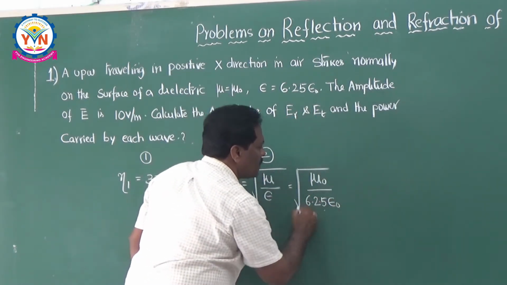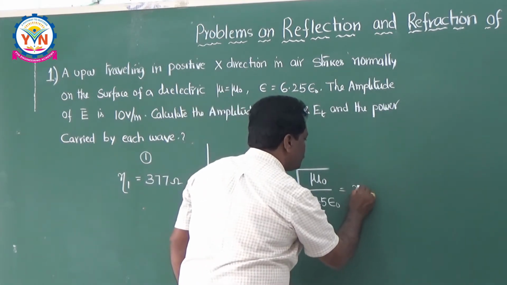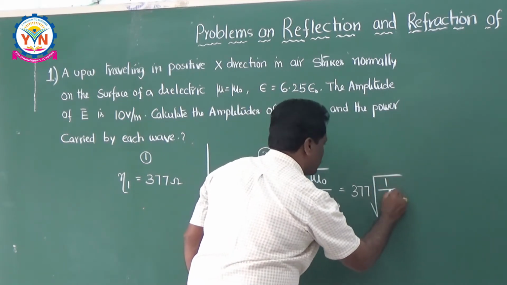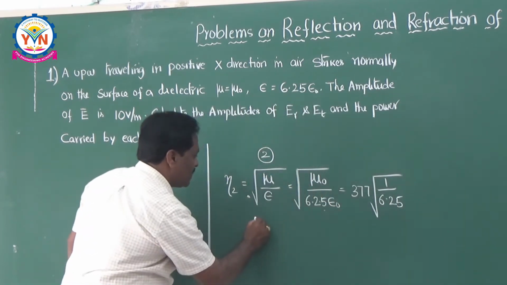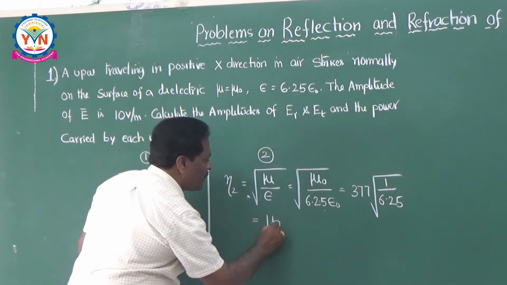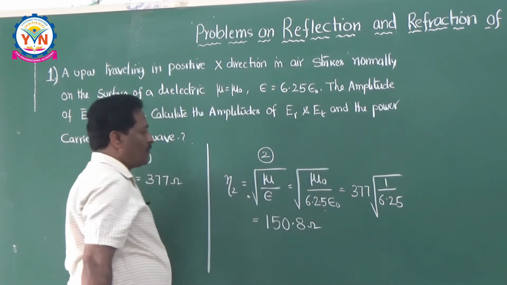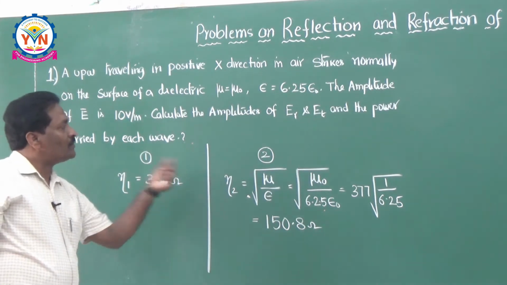So this is equal to 377 times square root of 1 by 6.25, that is equal to 150.8 ohms. So, you know eta 1 and you know eta 2.